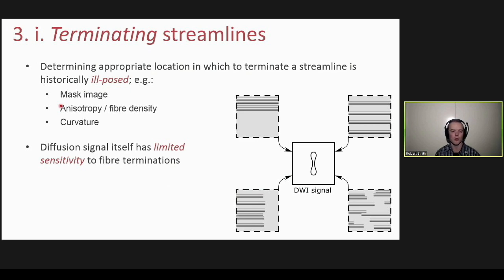There might be something to do with curvature. And what this image on the right shows is that it's possible for there to be multiple different configurations of the underlying biological fibers, all of which lead to the same diffusion weighted signal. And yet some of these involve fibers that go all the way through, some involve fibers that terminate. So this is historically very ill posed.